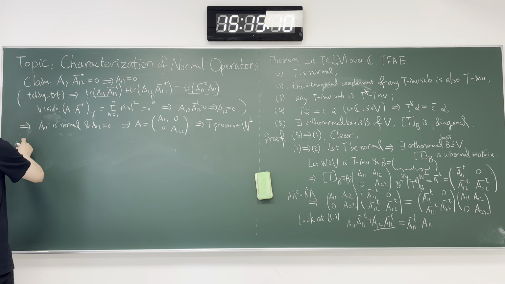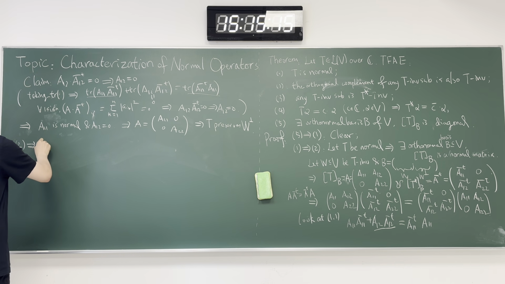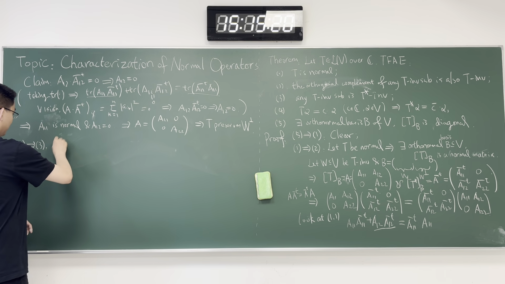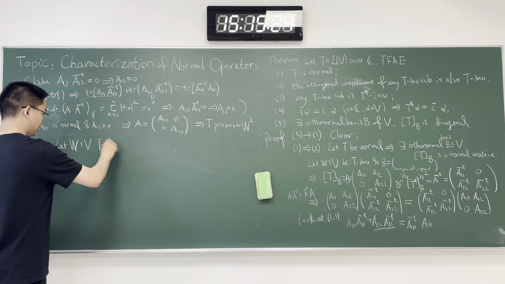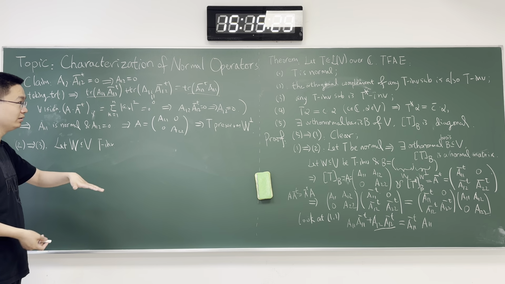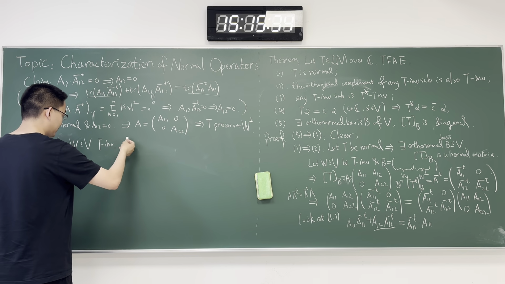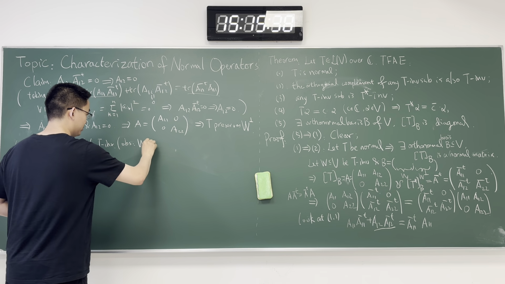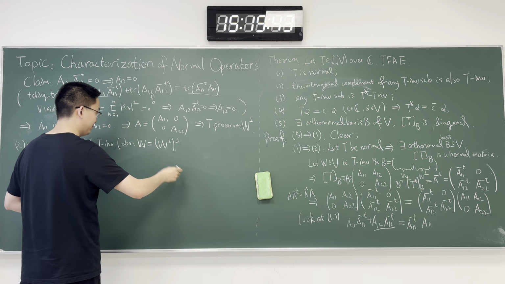Now let's focus on 2 implies 3. Let W be an invariant subspace, and we are going to show that W is also invariant under T star. How should we do that? We start with the observation that W just equals the orthogonal complement of its orthogonal complement.